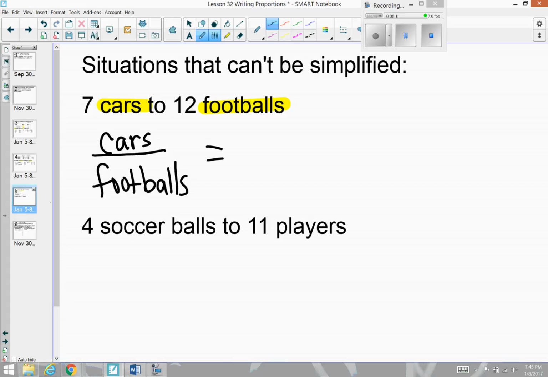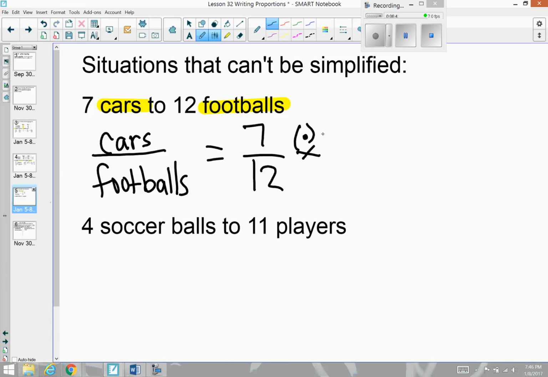In this case, how many cars do we have? We have 7 cars. How many footballs? We have 12 footballs. There is nothing we can divide 7 or 12 by, so therefore we're going to multiply. Actually, if I use the multiplication symbol instead, that's much better to figure out how to find an equivalent ratio.